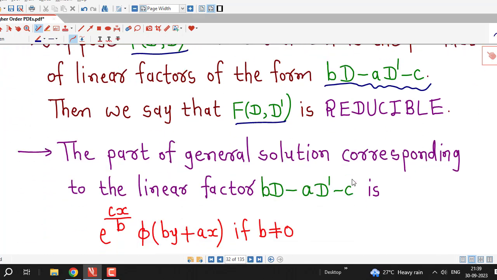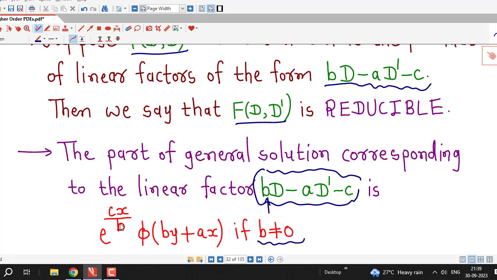The part of the general solution corresponding to the linear factor bD minus aD' minus c is given by this formula: e raised to c by b times x, and an arbitrary function of by plus ax, if b is non-zero, that is, if the coefficient of capital D is non-zero.